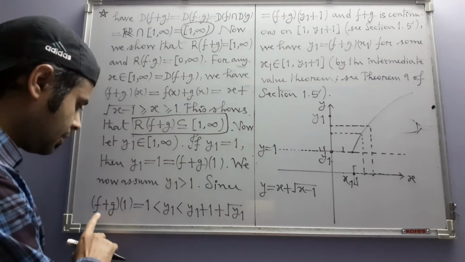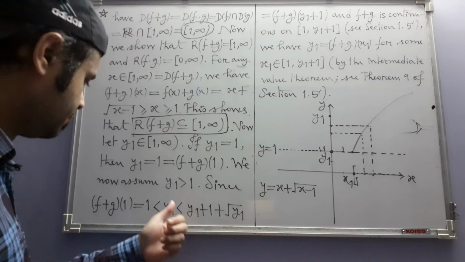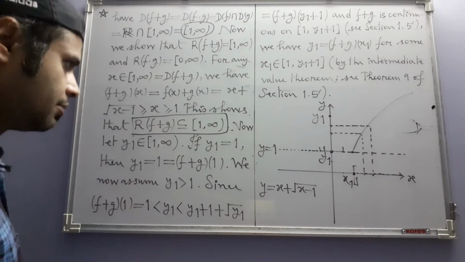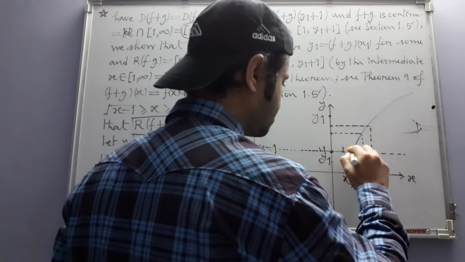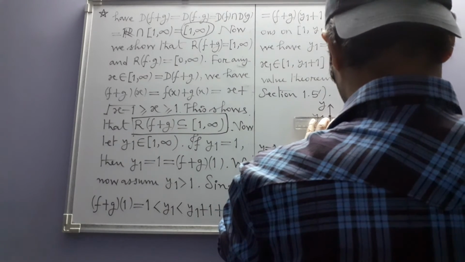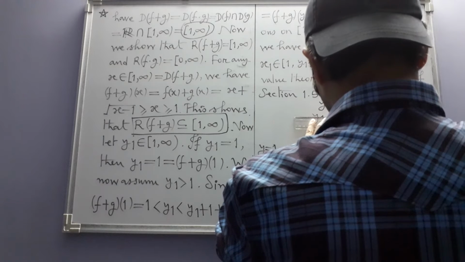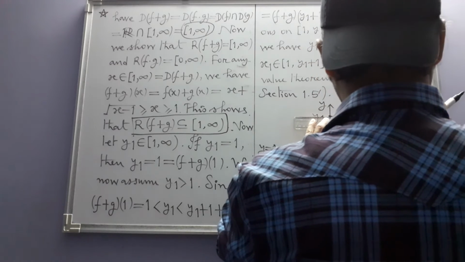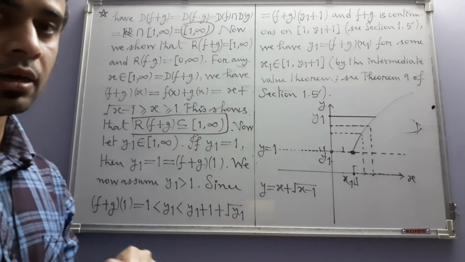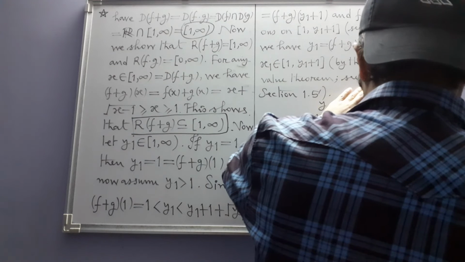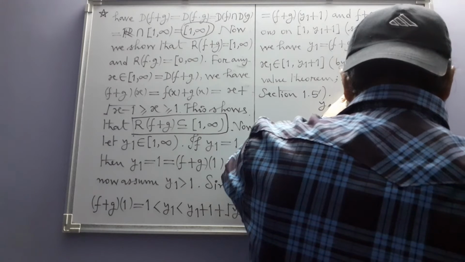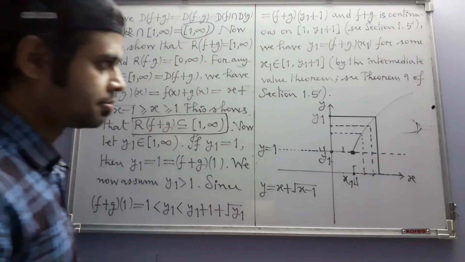Okay. Now look at this inequality. Since y1 is greater than 1, so that means you draw a line parallel to the x-axis. That line will intersect the graph somewhere. Then from that somewhere you draw a perpendicular on the x-axis.